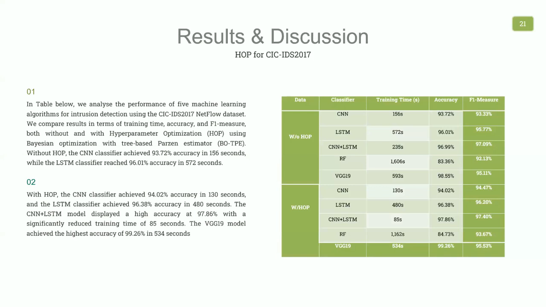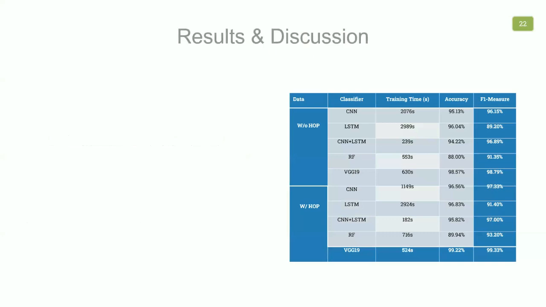When we used the hyperparameter optimization, the convolutional neural network classifier achieved 94.02% accuracy in 130 seconds. And the combination of convolutional neural network and long short-term memory displayed the high accuracy of 97.86% with a significantly reduced training time of 84 seconds.